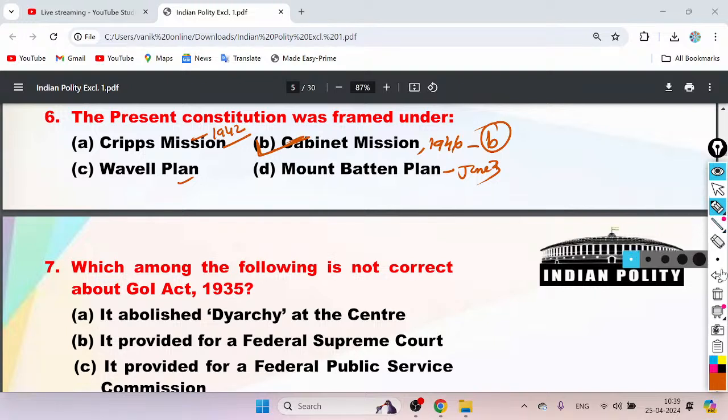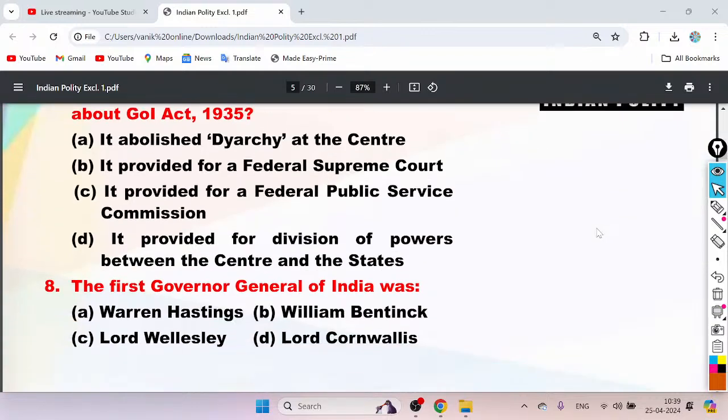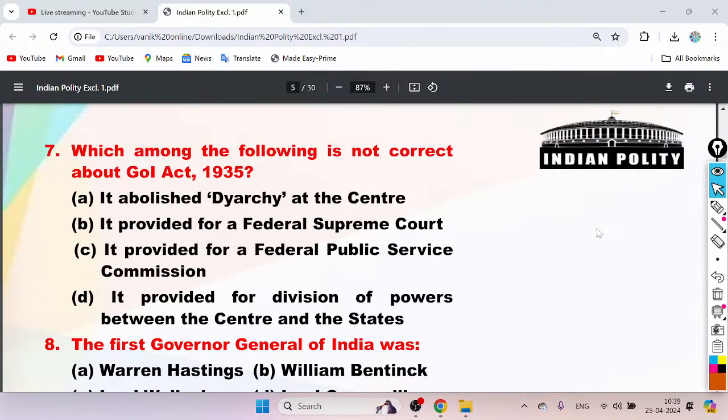Next, question 7. Which among the following is not correct about Government of India Act 1935? First of all, look at whether it is not correct or correct, that you have to see.